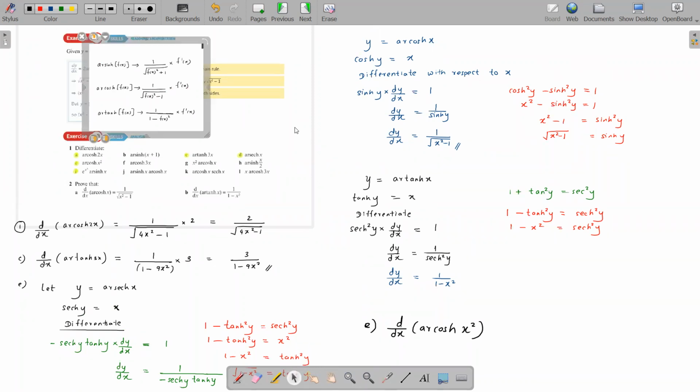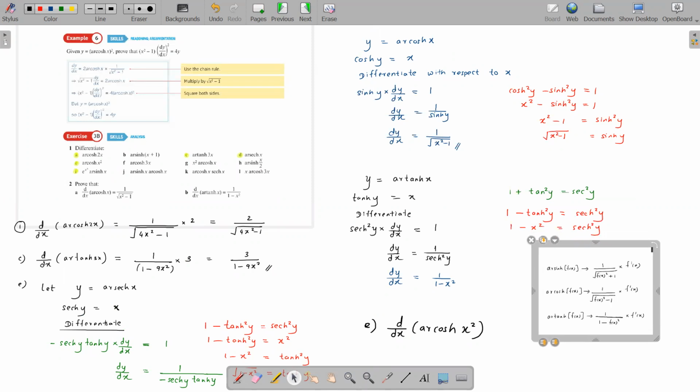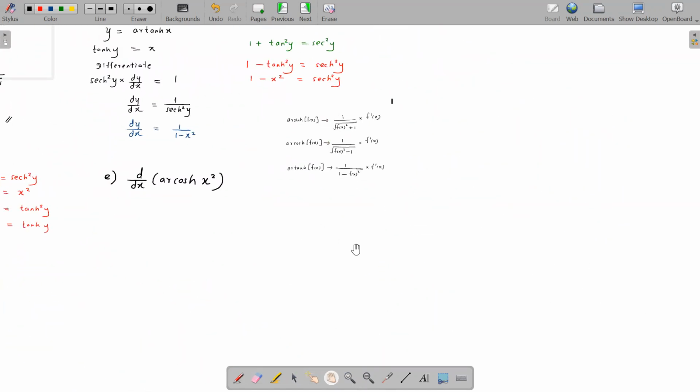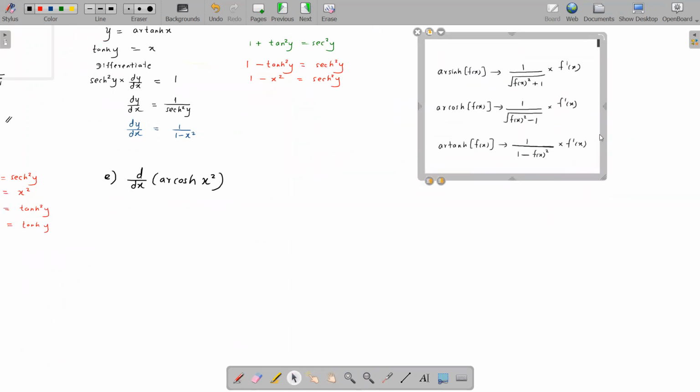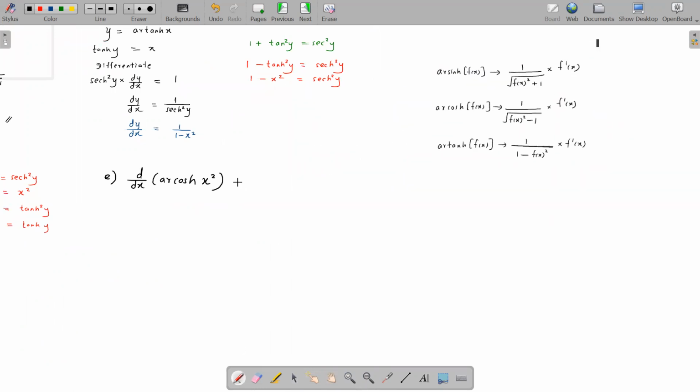So let's use it. The differentiation of r cos f(x) is 1 over the root of, you have to square your f(x), right? Here f(x) is x square.